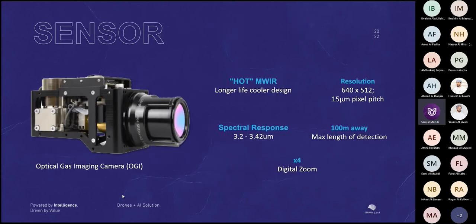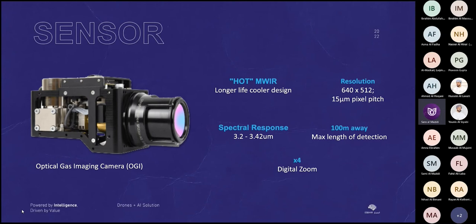Actually, it will detect 20 different hydrocarbon gases, including methane, propane, and other gases. And it's considered one of the most advanced cameras on the market.